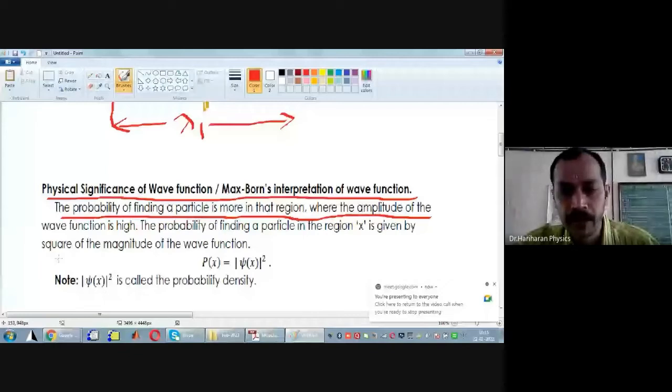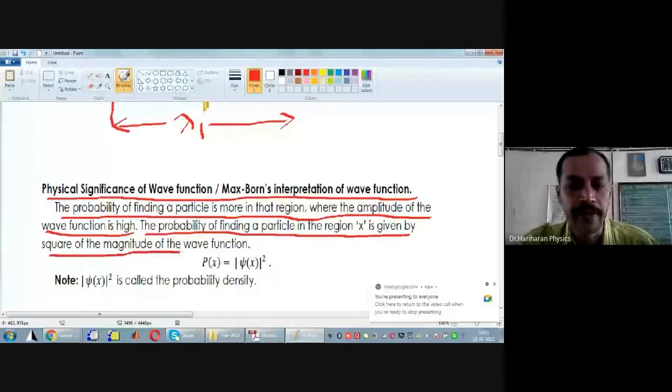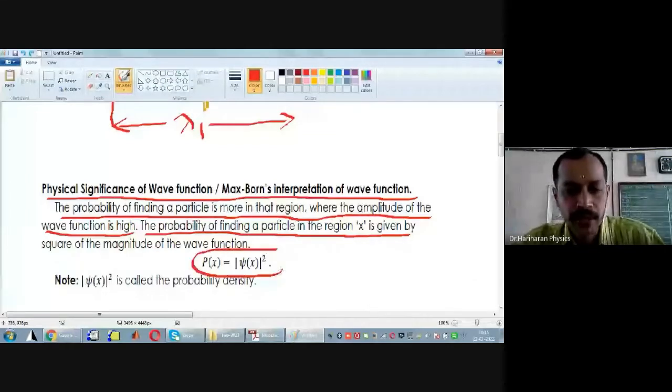The probability of finding a particle in a given region x is given by simply taking the wave function and squaring it. Take the wave function and square it, and that will give us the probability of finding the particle at a given point x.